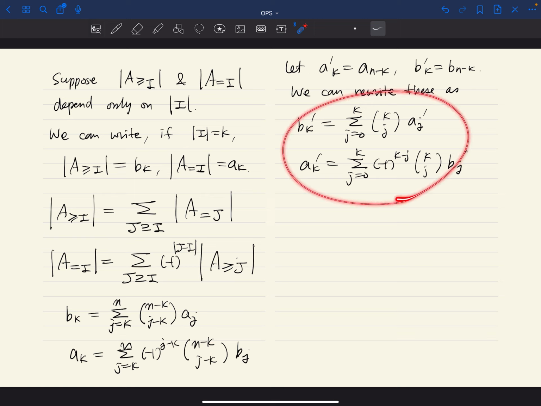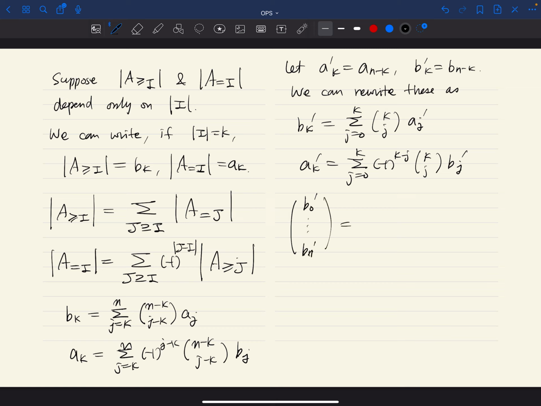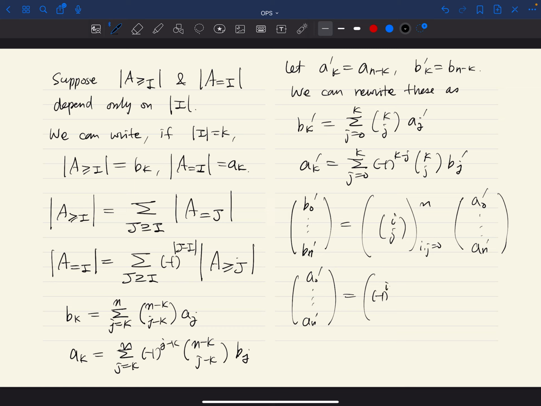And if you look at them carefully, it looks like an identity using a matrix. If you write this for all k from 0 to n, we can write this as a matrix identity: (b_0 prime, ..., b_n prime) equals the matrix of binomial (i, j), i, j from 0 to n, times (a_0 prime, ..., a_n prime), and also (a_0 prime, ..., a_n prime) equals the matrix of (-1)^(i-j) binomial (i, j), i, j from 0 to n, times (b_0 prime, ..., b_n prime).